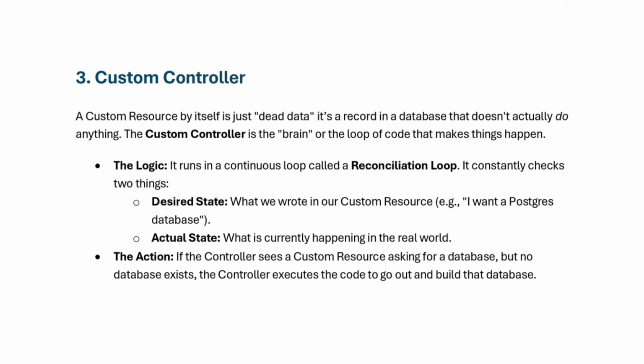The desired state is the state we want and wrote in the custom resource, and the actual state is what is currently happening. If the controller sees a custom resource asking for a database but no database exists, the controller executes the code to go out and build that database. A custom controller typically involves using the Go programming language to prepare it.